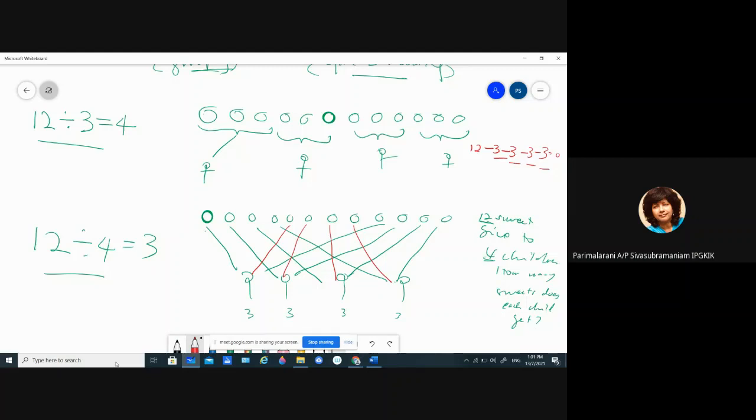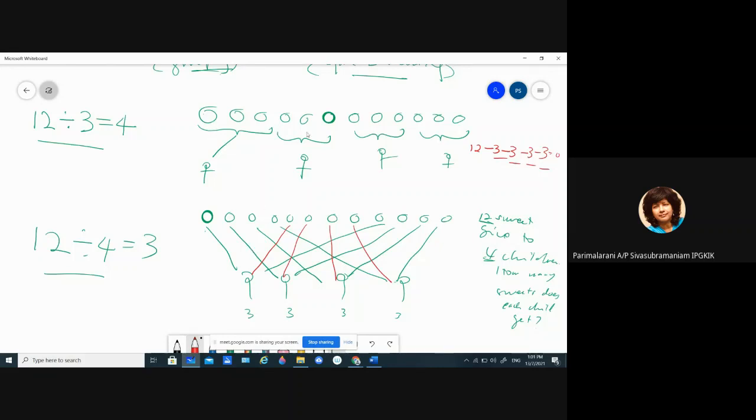So repeated subtraction is related to division as the measurement model or grouping model. Why do we say measurement model? We measure 3 and give it to one child, measure 3 and give it to another child. That's why it's known as the measurement model. The other model is partition or equal sharing, because we give 1, 1, 1, then continue giving until everything finishes. So these are the two concepts of division.